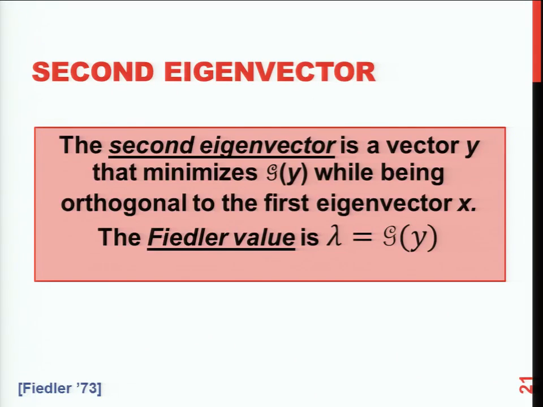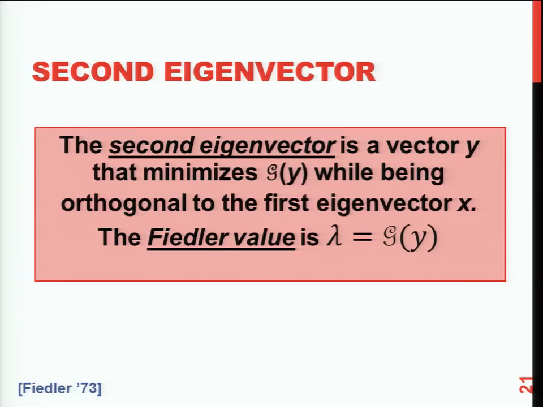Now the second eigenvector, and I will soon come to the connection between this and finding cuts in a graph. Just be here for a minute while I describe this first and second eigenvector, and we'll next see how it connects to cuts in a graph. The second eigenvector is a vector y that minimizes g of y while being orthogonal to the first eigenvector.